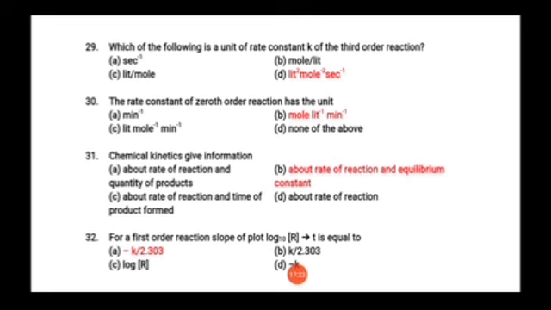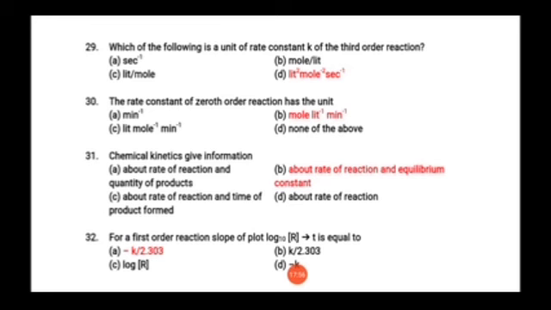The last multiple choice question of this session. For a first order reaction, the slope of the plot of log R versus T is equal to: option A, minus K upon 2.303; option B, K upon 2.303; option C, log R; and option D, minus K. Students, for that you must know the equation.